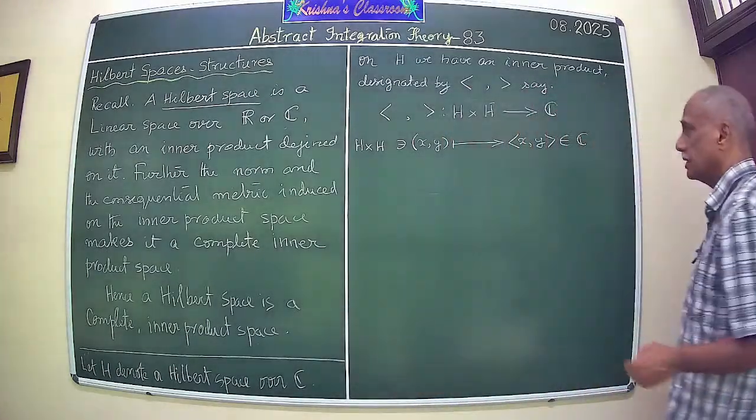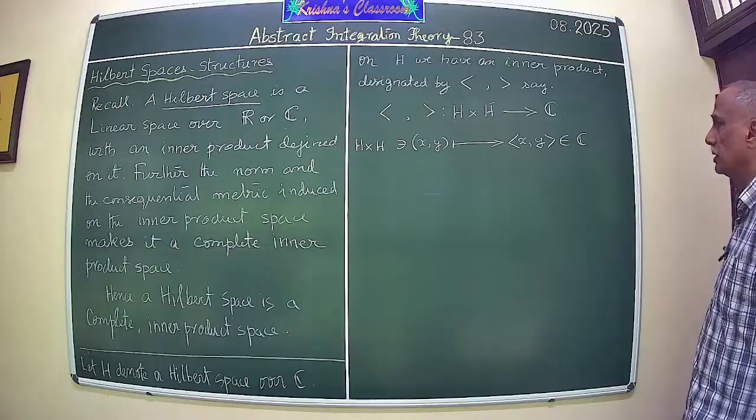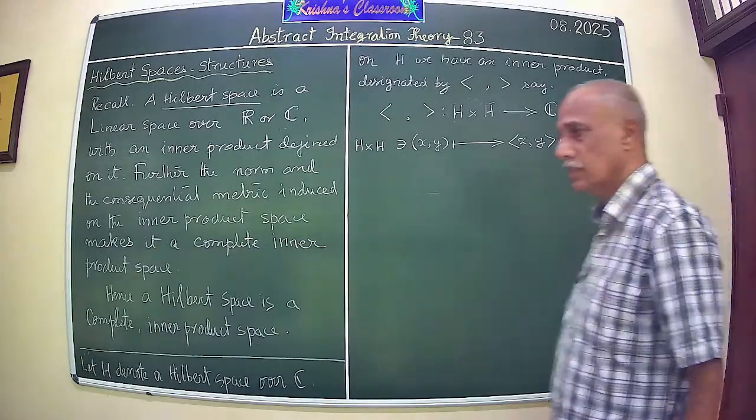So it's a complex valued function on H cross H.